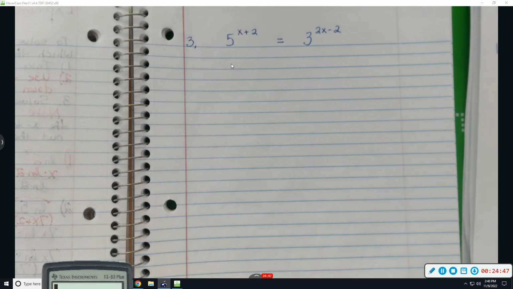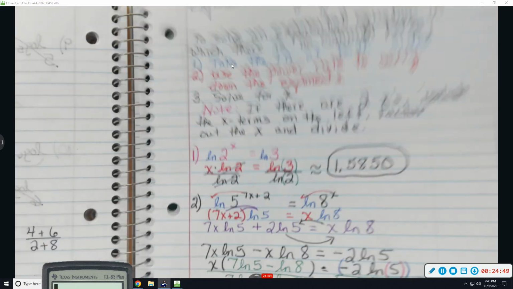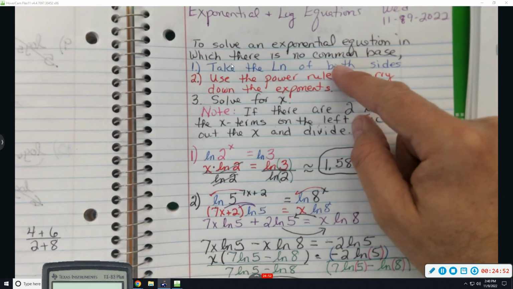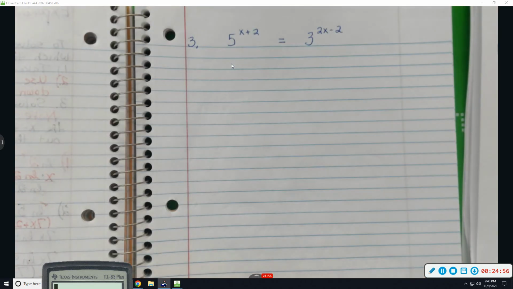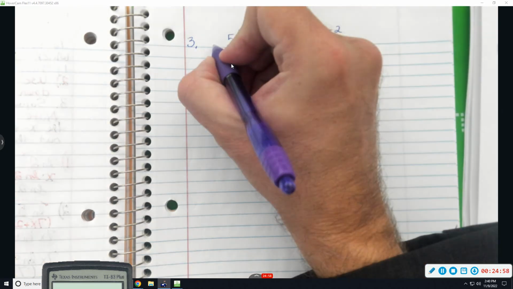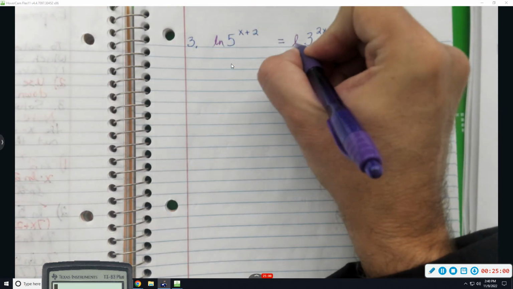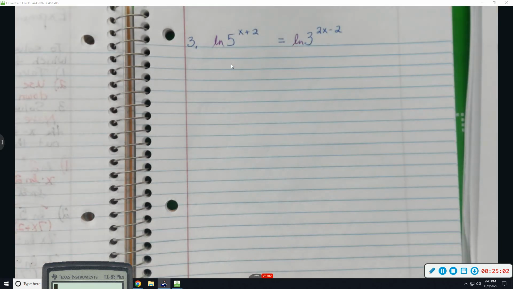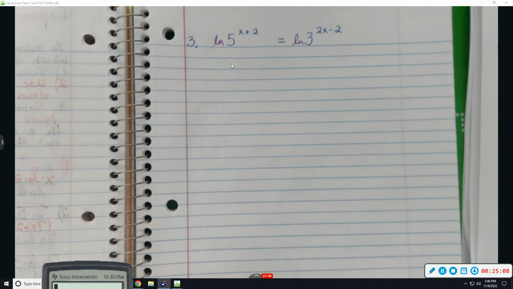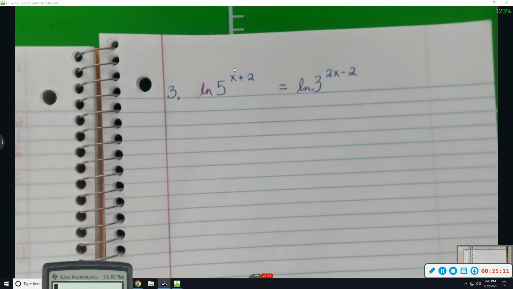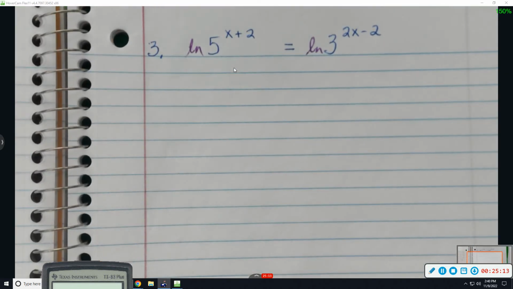Well, okay, go through those same old steps. Stick ln in front of each side and carry down the exponent. So I'll stick an ln in front of each side. I'll blow it up a little.